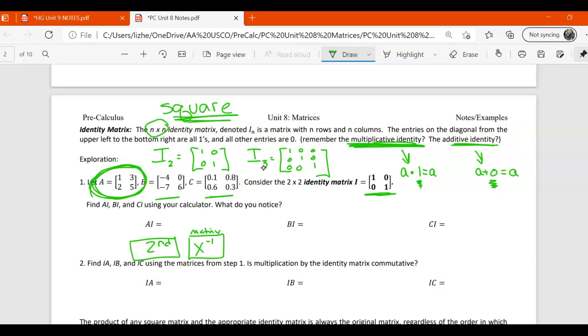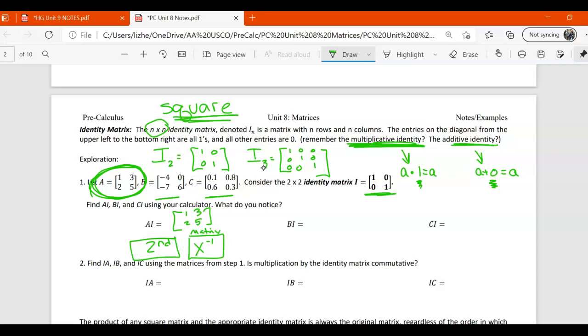Now multiply those. That means you would do second matrix, and just do the name here, A, times second matrix B, which is my identity matrix. When you do that, you should get your A matrix again, which is 1, 3, 2, 5.